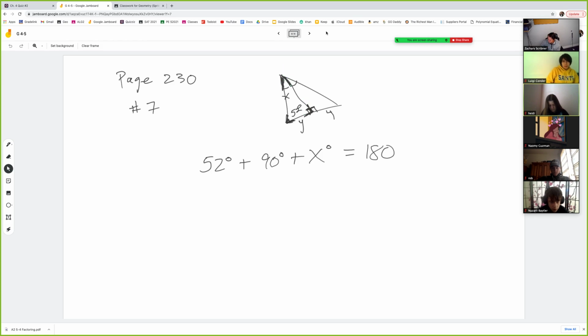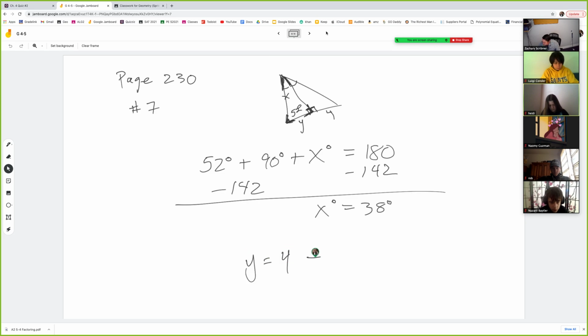So we can say 90 plus 52 is 142, and 180 minus 142, x equals 38. Now we can also say, by the definition of a bisector, y equals 4.